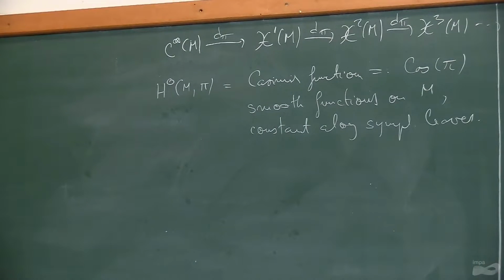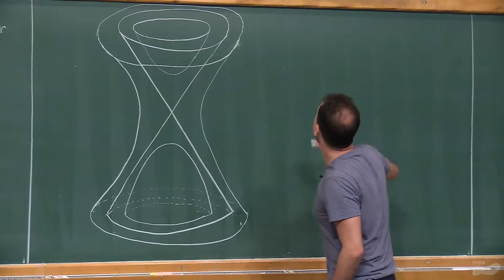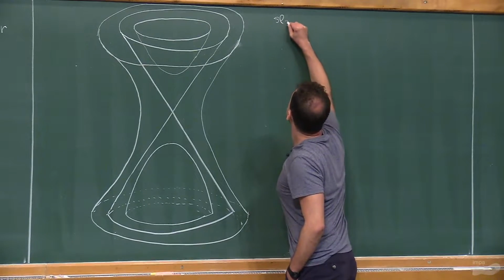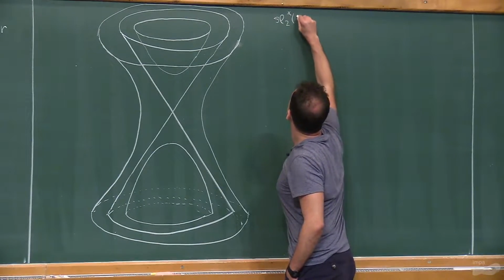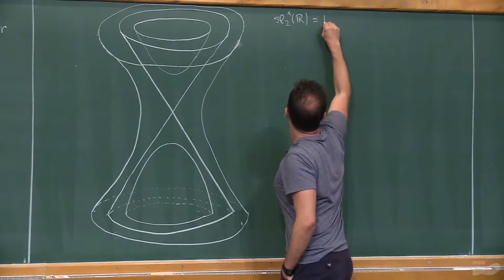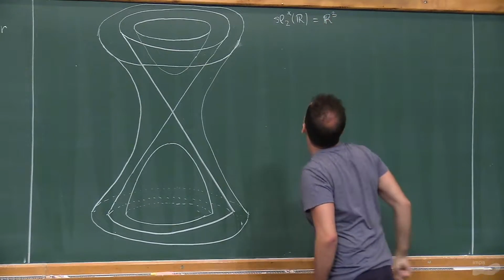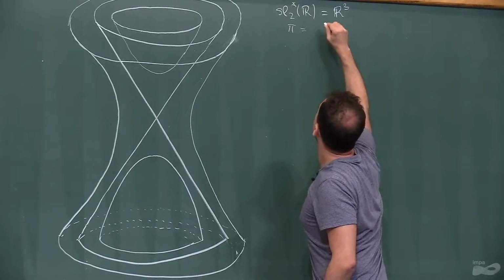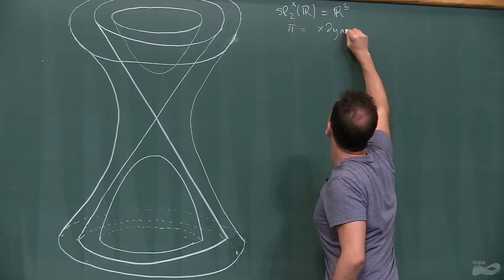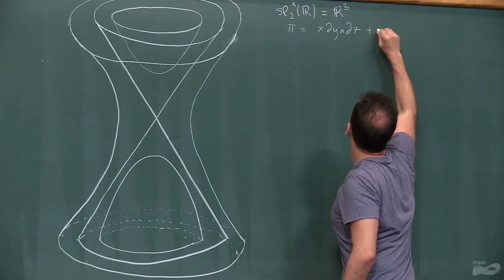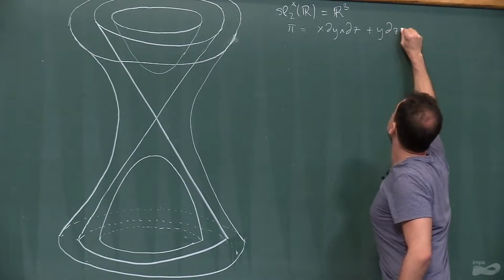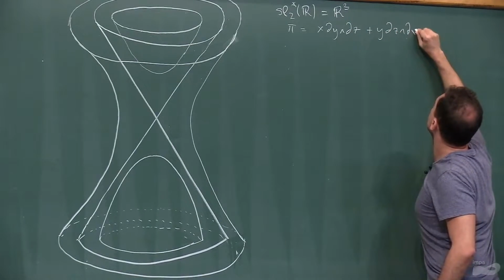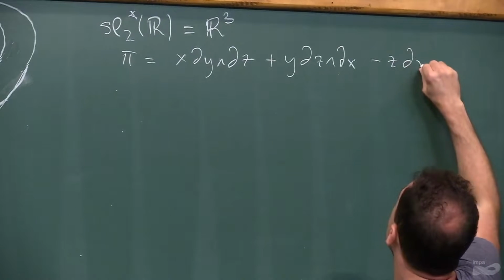So now I'll discuss SL2R a bit and tell you what happens in this case. For SL2R, I will just identify it with R3 with the usual coordinates, and then the Poisson structure pi becomes x dy dz plus y dz dx minus z dx dy.